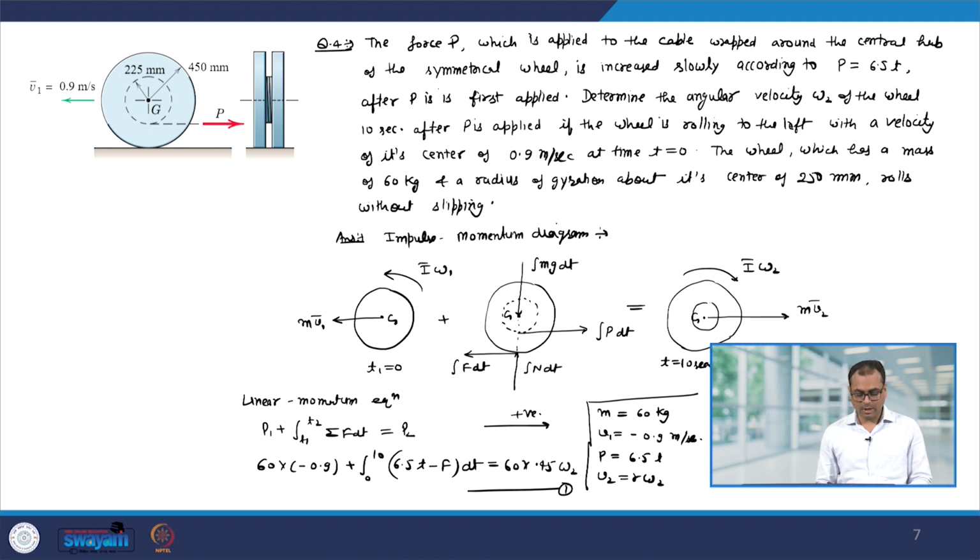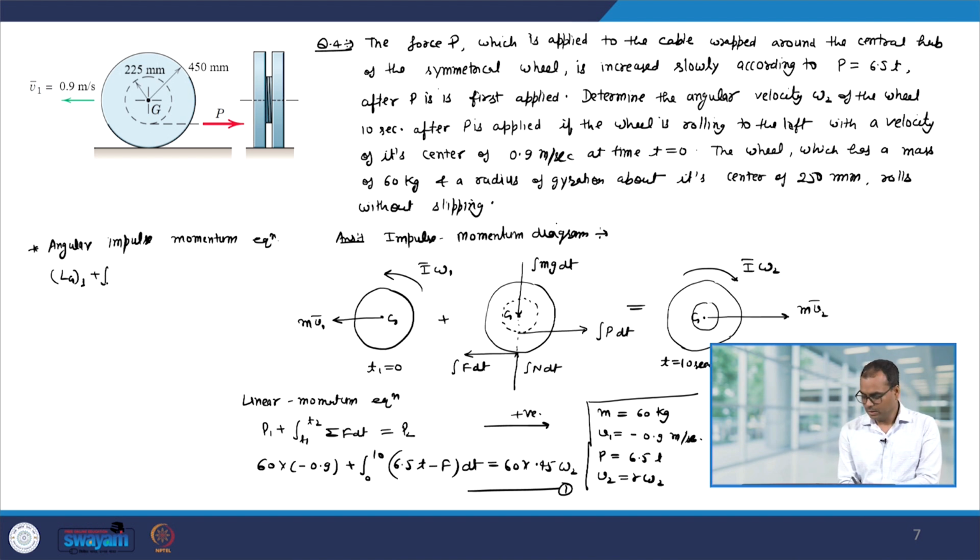Similarly, we have the angular impulse momentum equation, that is Lg1 plus integral from t1 to t2 of summation Mg dt equal to Lg2.